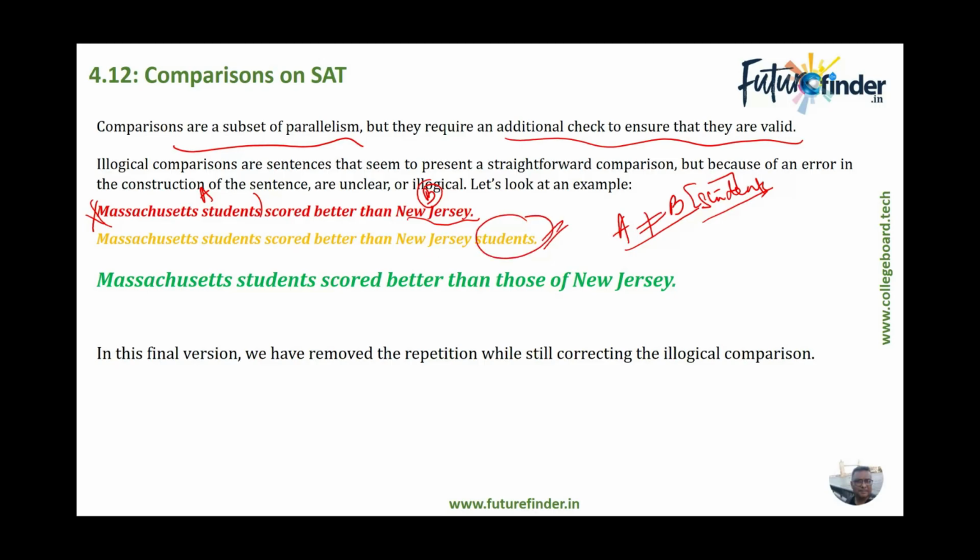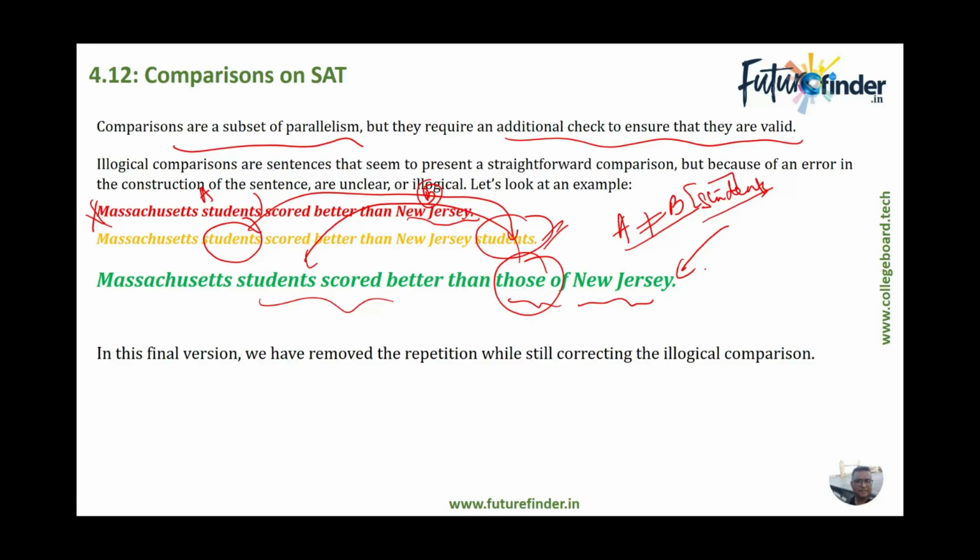We repeat the word students here, and hence there is a direct comparison between students and students. But the best way of writing it would be: Massachusetts students scored better than those of New Jersey. We are using a demonstrative pronoun to refer back to the students.